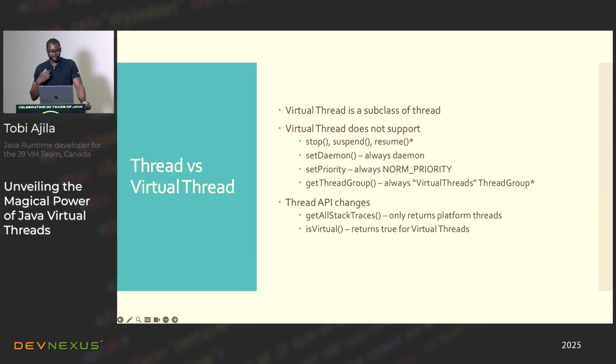So in order to get all the stack traces of all virtual threads, you actually have to do a heap walk and find all of the virtual thread objects. This can be a very expensive operation. So for this reason, APIs like getAllStackTraces will only return platform thread stacks. And then there's a helper here to query whether the thread you're currently dealing with is a virtual thread or not.